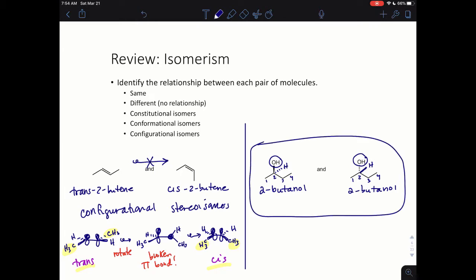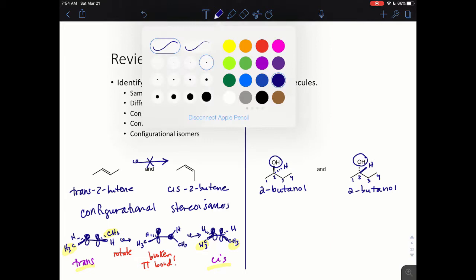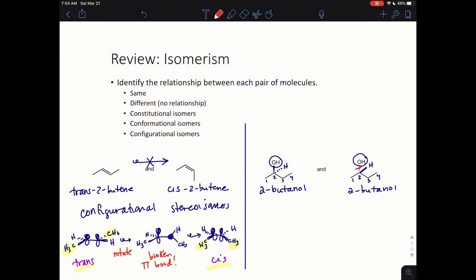In fact, the only way that I can interconvert these two would be to actually break these bonds. So break those bonds, and then take the hydroxyl and put it towards me. Take the hydrogen and put it going back. So I'd have to break the bonds, break and reconnect to do that.